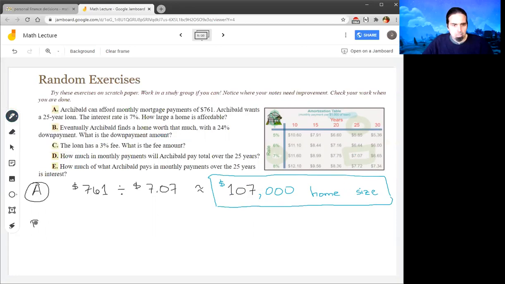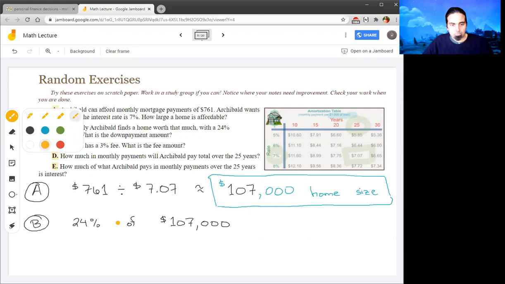For part B, there's a 24% down payment. So we want to find 24% of the home size, and that's what he has to pay right up front. We're going from percent to decimal. So left out of percent.